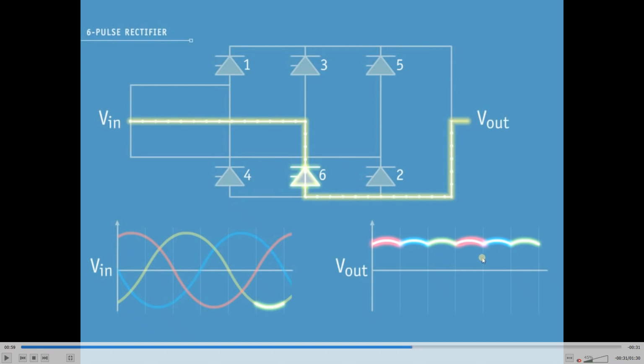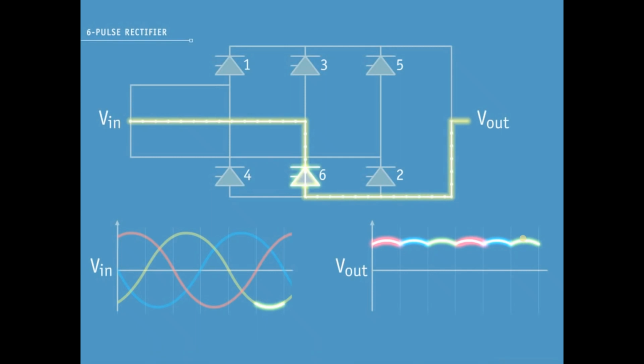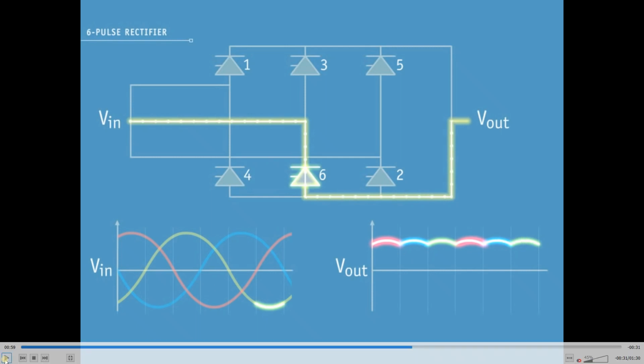And after that, the yellow, which is again a negative phase, is rectified. So you can see in these 6 segments, 1, 2, 3, 4, 5, 6, each phase is rectified twice. Since in a single complete cycle the rectification takes place in 6 segments, we call it a 6 pulse rectifier.